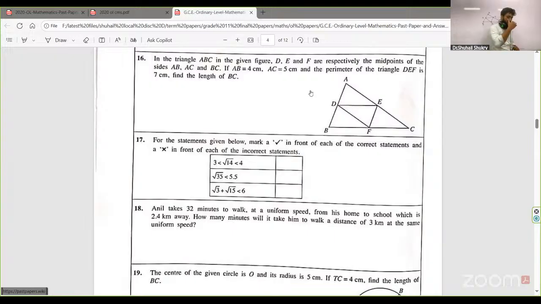And they have told that if AB is 4 centimeter, again A to B, from here to here, it is 4 centimeter. And they have given AC is 5 centimeter. A to C is 5 centimeter. And the perimeter of the triangle DEF is 7 centimeter.